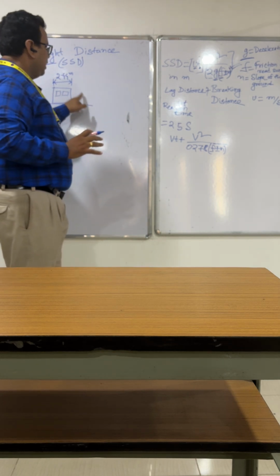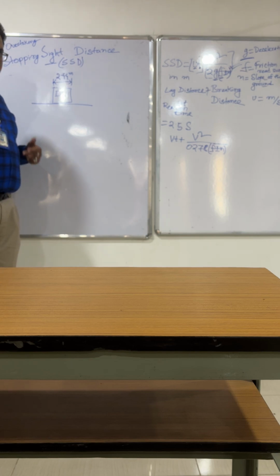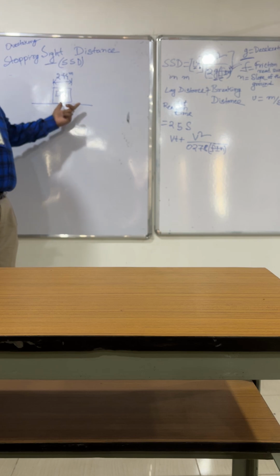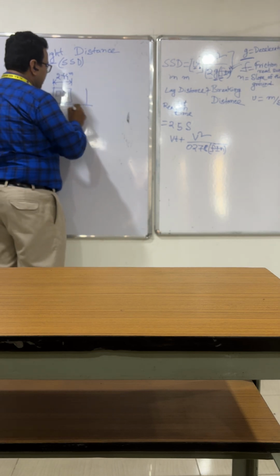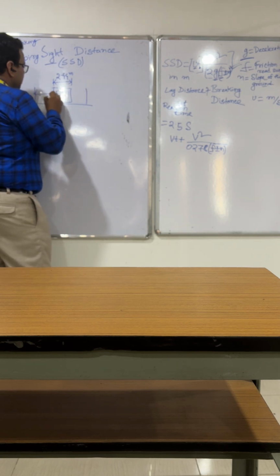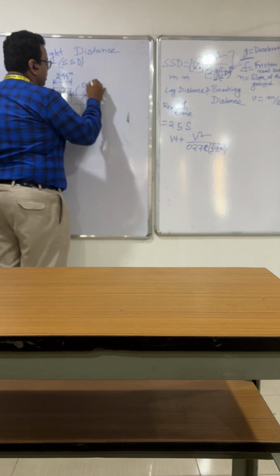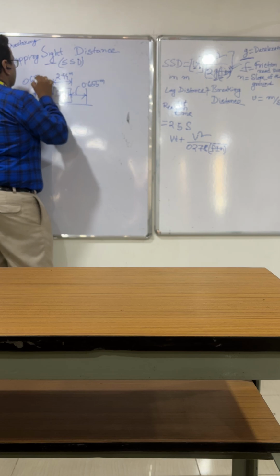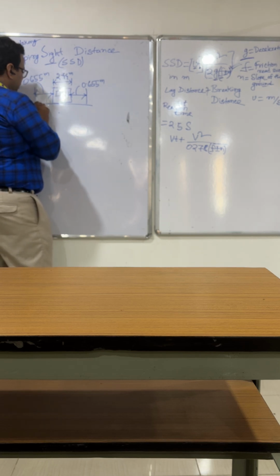Now, on either side there must be some buffer, there must be some clearance. When you are walking, you need some clearance on either side. So here the vehicle also needs some clearance, because in case of a vehicle the speed is very high. So on this side and this side, the clearance is taken as the same, 0.655 meter. Now we will add up all these three.